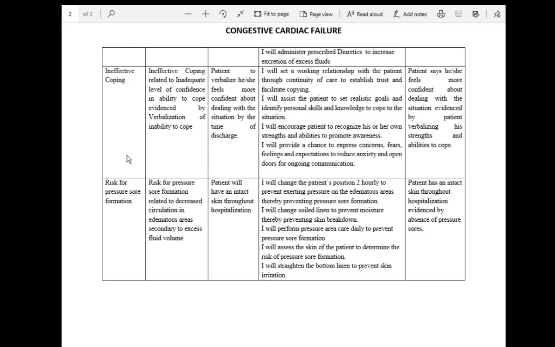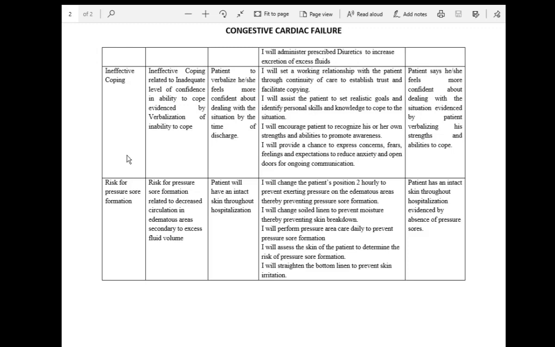So here we are going to create a working relationship, a rapport between the patient and the nurse, so that we can establish trust, continue the care and facilitate coping. You as a nurse, me as a nurse, creating a relationship with the patient will help the patient to cope. So that's one of the interventions.